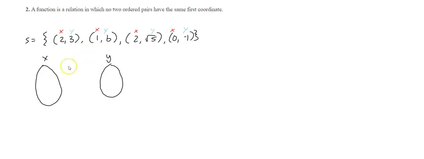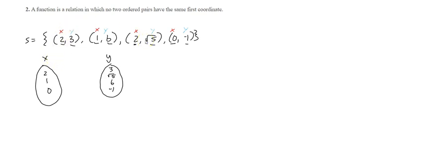I apologize for the horrible drawing. So we put all our first coordinates in here. We have 2, 1, and 0. Notice we have a 2, and there's another 2 there. We don't have to repeat. Then we have 3, root 5, 6, and negative 1. These are all our second coordinates here. So x and y.